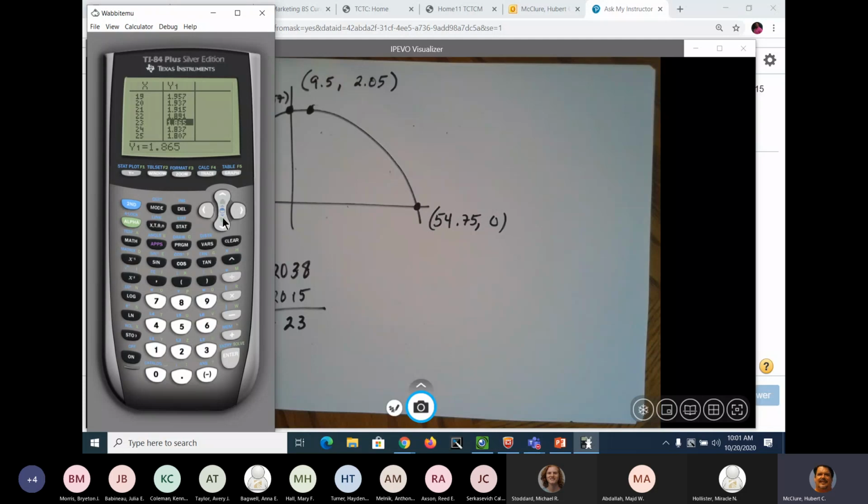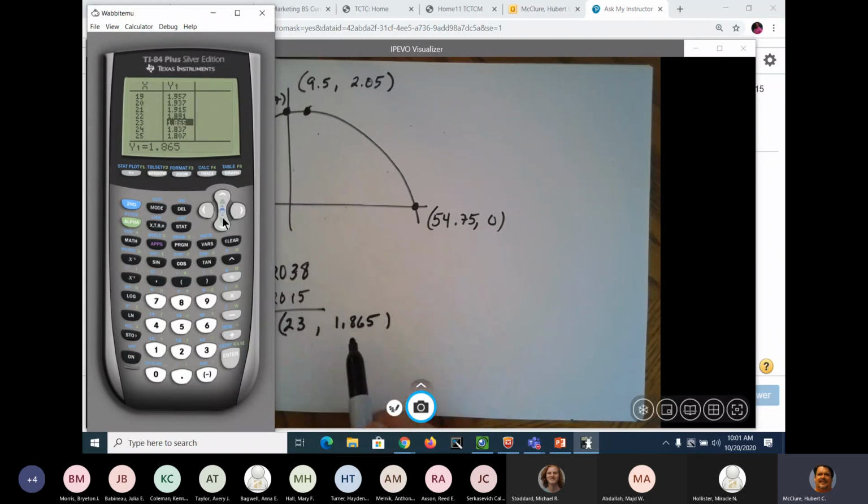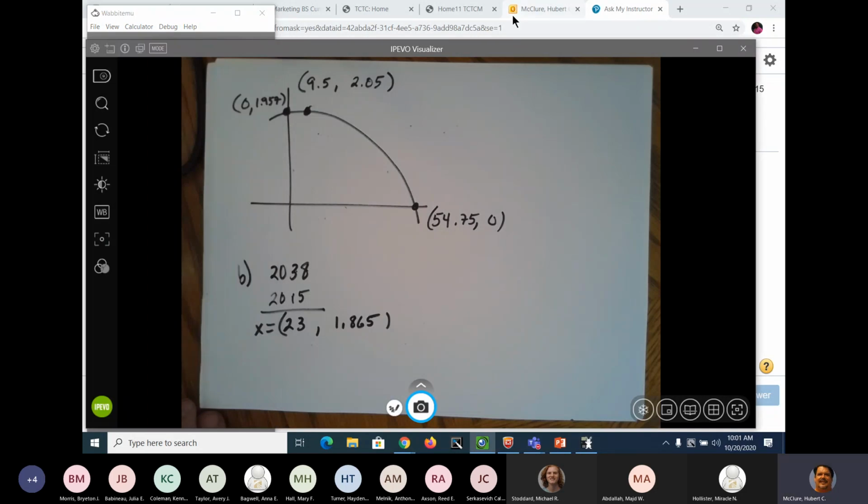So in 2038, you're going to have 1.865 billion barrels of oil. So type that in, 1.865.